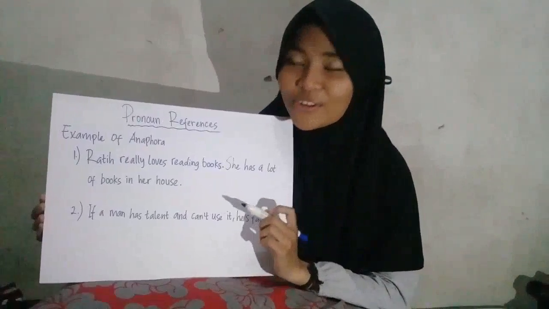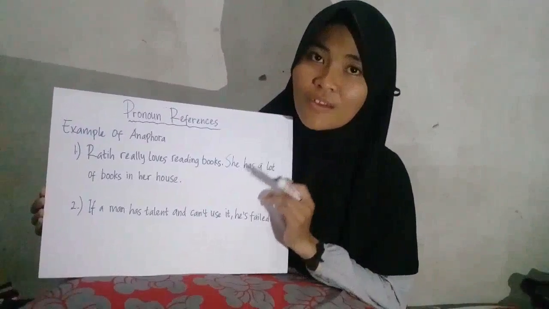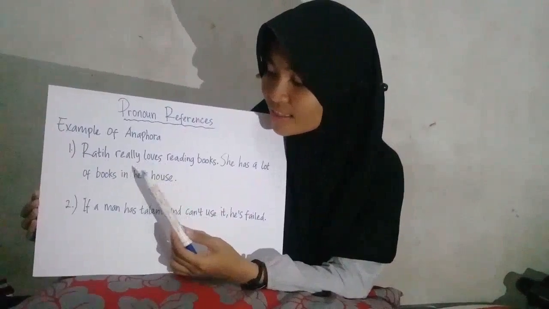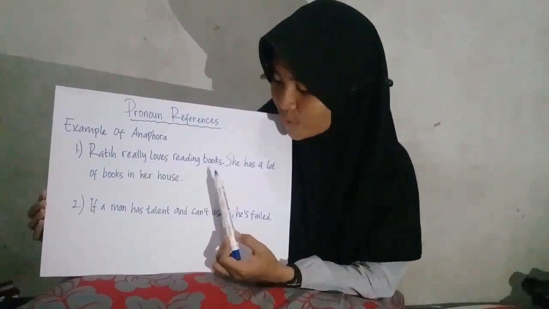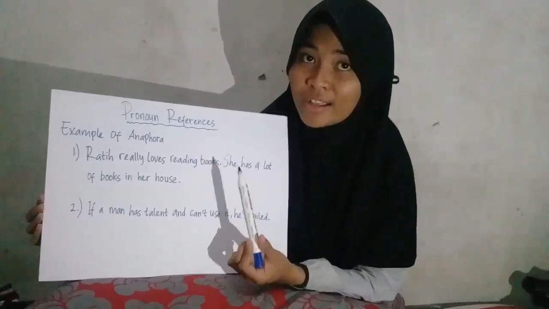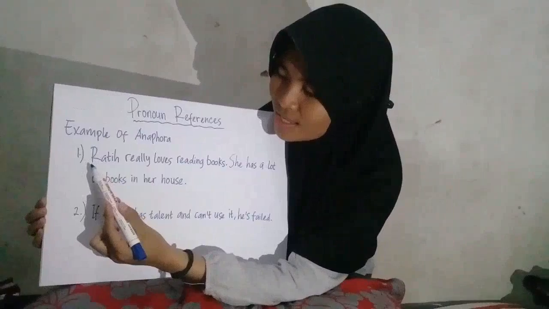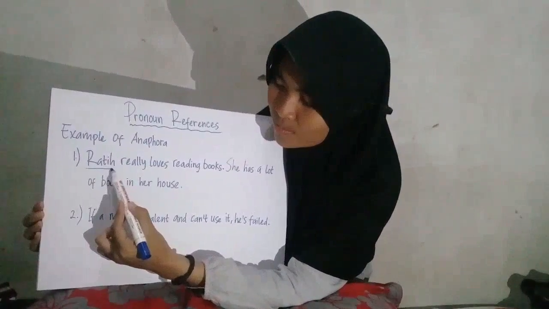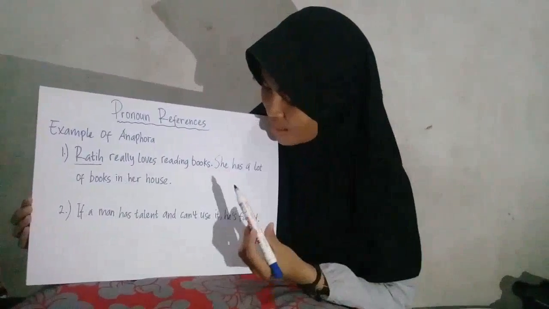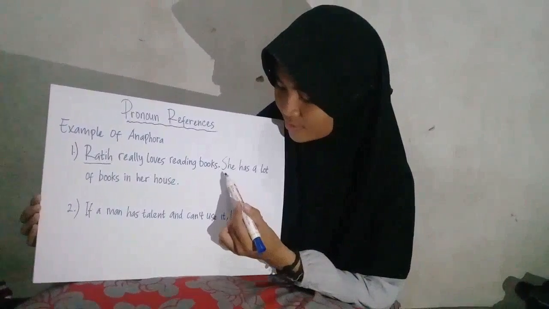Okay, here I have two sentences as the examples of anaphora. Okay, the first one is Rati really loves reading books. She has a lot of books in her house. Well, we can see that Rati here is a noun that refers to the name of a person, and we got two pronouns here.